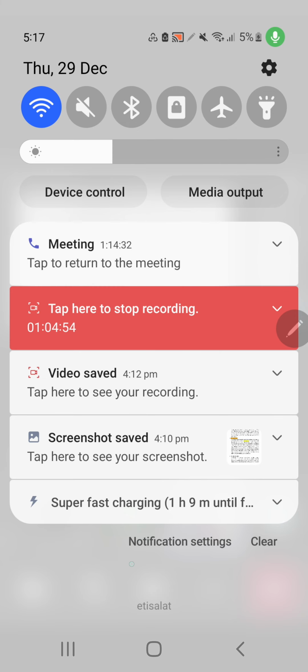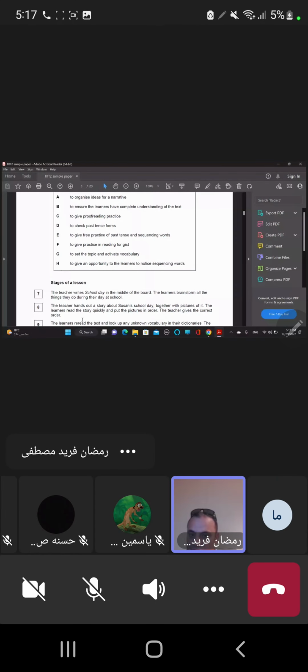You have to read all the objectives. It's not about the material here, it's about the procedure.